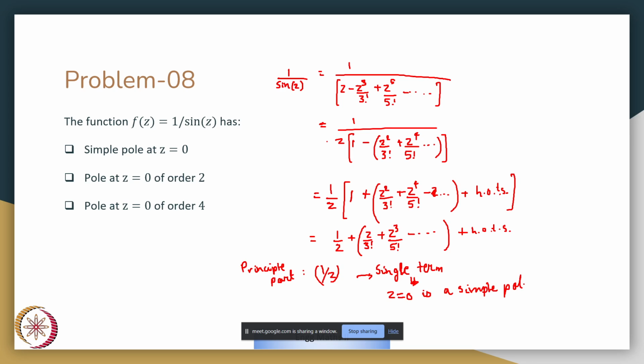Which means that if we multiply the whole thing with z, so z equal to 0 is a simple pole, which is given by option A.